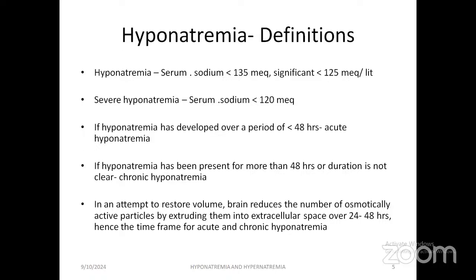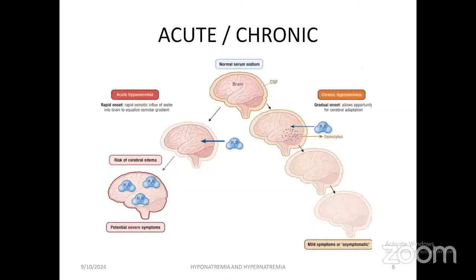And if hyponatremia has been present for more than 48 hours or duration is not clear, then it is labeled as chronic hyponatremia. In an attempt to restore volume, the brain reduces the number of osmotically active particles by extruding them into extracellular space over 24 to 48 hours. Hence the time frame for acute and chronic hyponatremia.